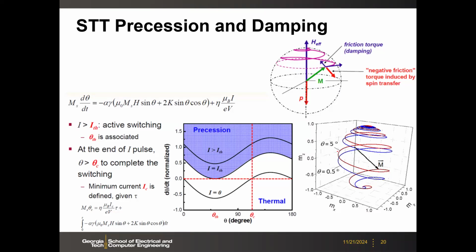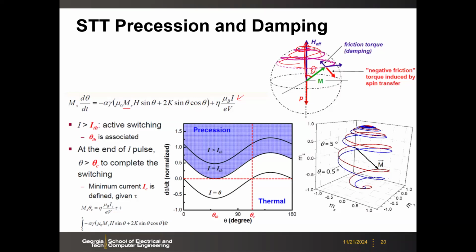So when you apply that current, you are going to basically rotate this. This axis is pointing up. When you apply current, it starts rotating, okay? And this equation essentially describes the angle, theta, as a function of the external field, the external current, and some property of the material.